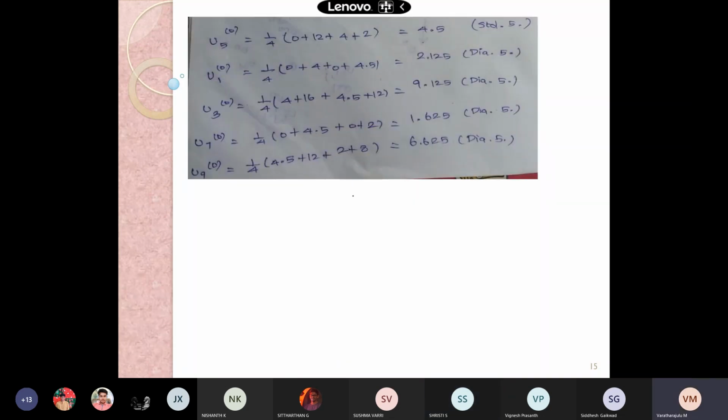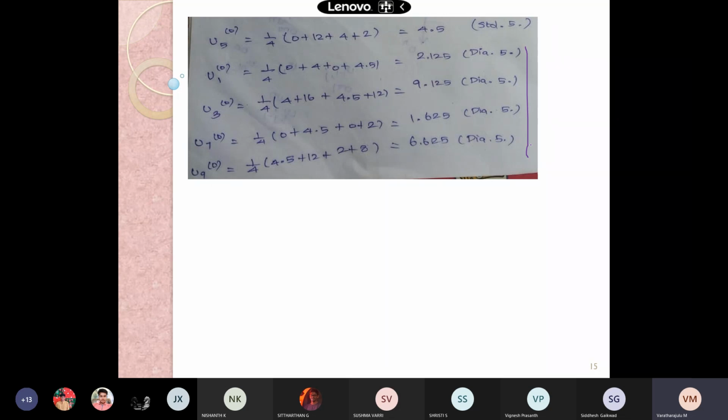Okay. Similarly, again you give equal to, and these four can be calculated with the aid of the diagonal 5-point formula. We don't have any other option, so we are dependent on the diagonal 5-point formula. But the yielding ability of the standard 5-point formula is greater than this diagonal 5-point formula.